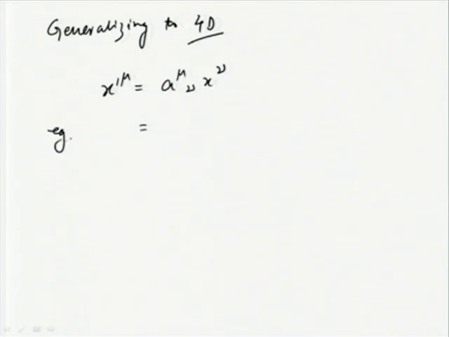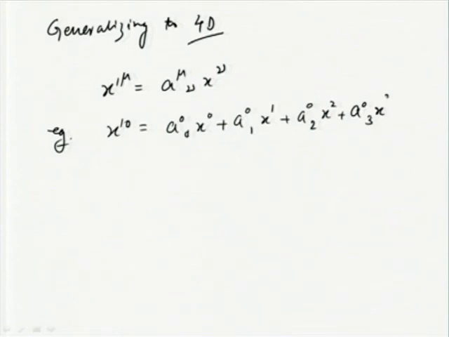For example, mu equal to 0, we have x prime 0 equal to A00 x0 plus A01 x1 plus A02 x2 plus A03 x3.